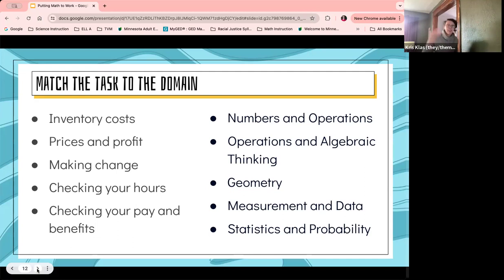Making change, again, falls in numbers and operations. It's finding the difference. Checking your hours is a lot of multiplication as well. We might be getting into some algebraic thinking now, especially if we're trying to figure out percents of things that are being taken out. There's maybe some formulas that we can employ to check that. And so again, these are all fitting in those first two domains.